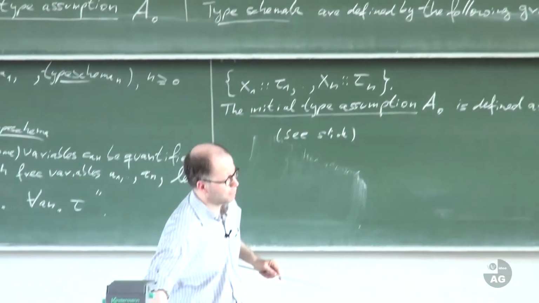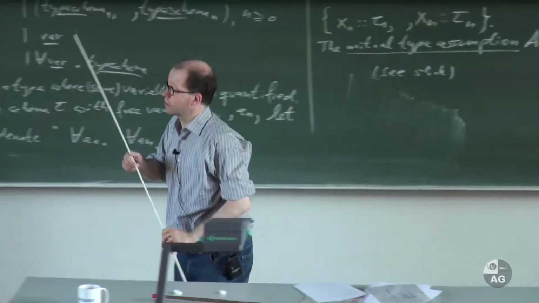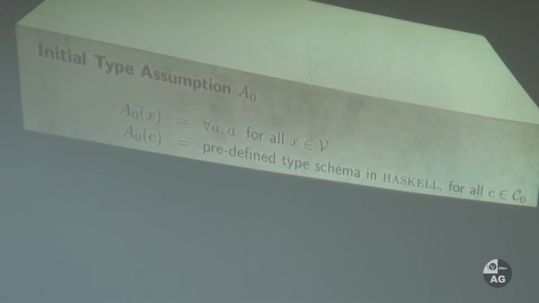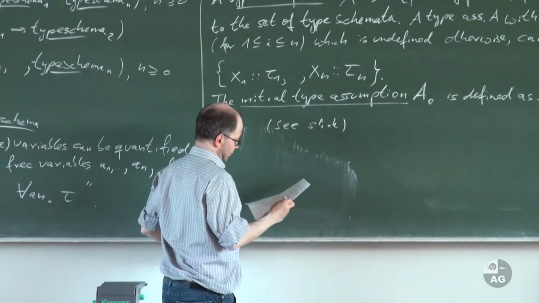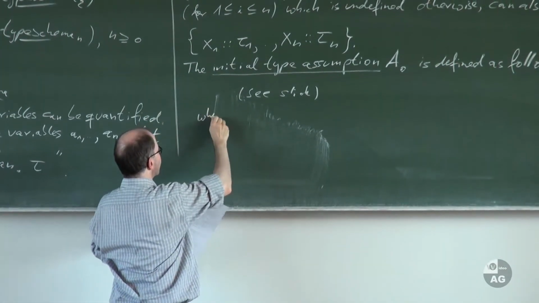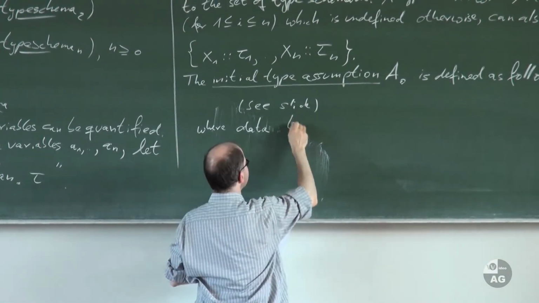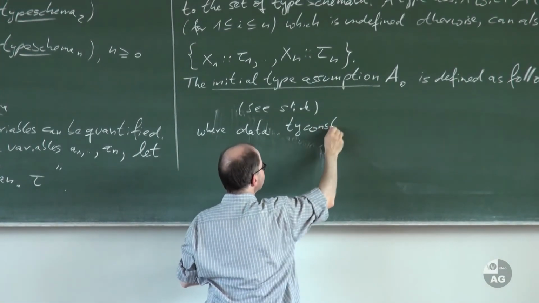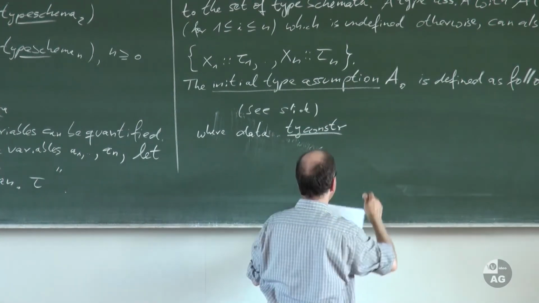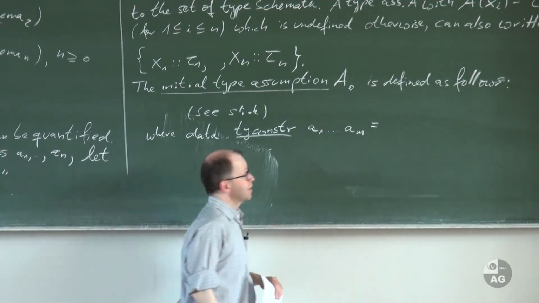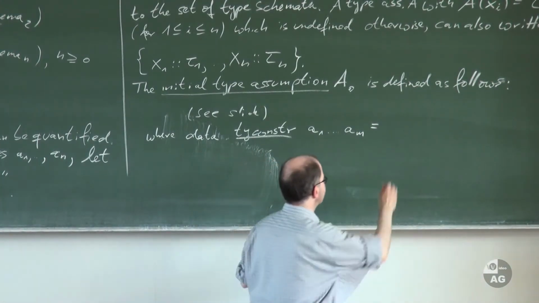Now what happens if we have data constructors, which might be user-defined? Well, suppose we have a user-defined data structure that looks like this. So suppose the user defined the following data structure. There is a new type constructor, type_constructor of arity m. So it takes m type variables. And then it has several data constructors.